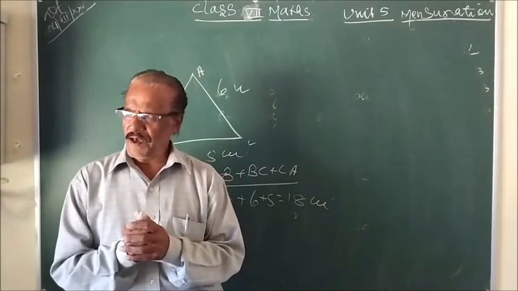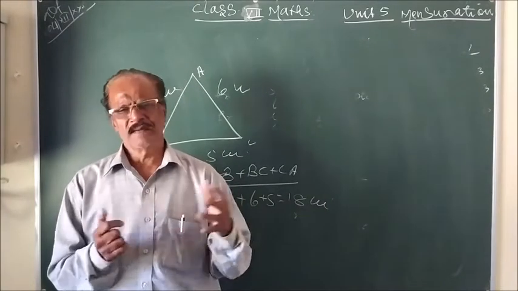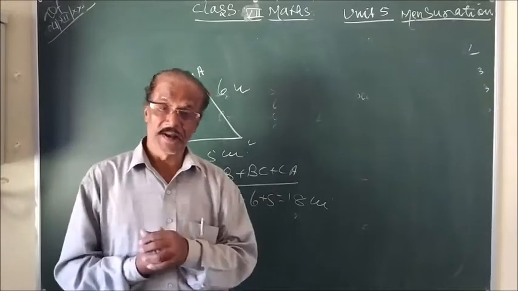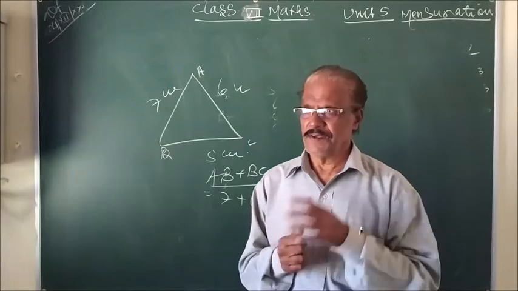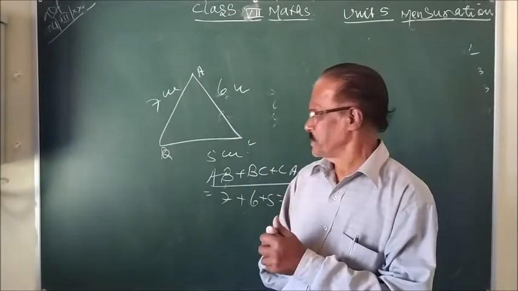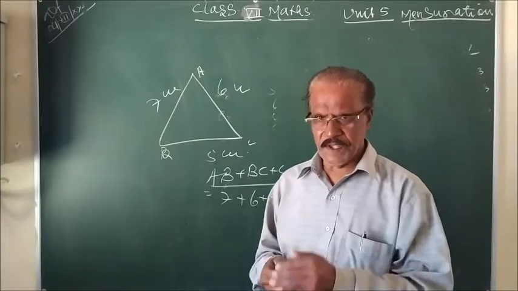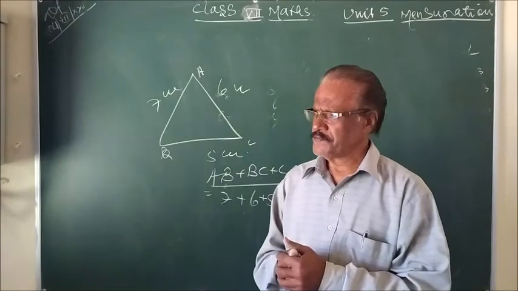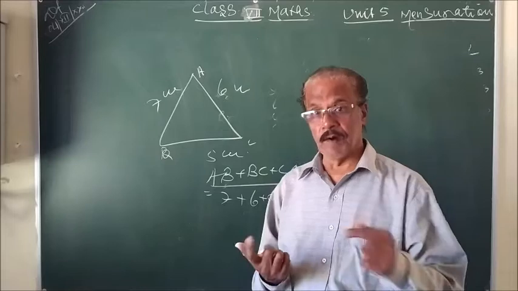And about the area, there are a number of formulas, but you will learn them later, because it depends on which kind of triangle it is. For a right triangle, it is half into base into height, which you will see in the coming chapters. But perimeter means the sum of the measures of all the sides of a figure. You can understand it as a boundary.